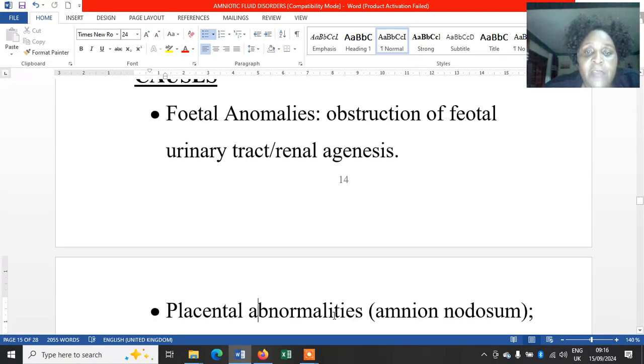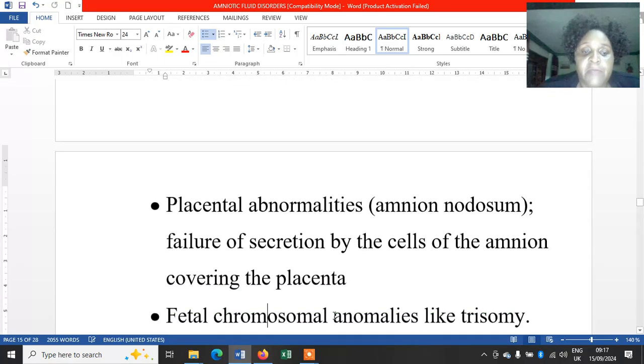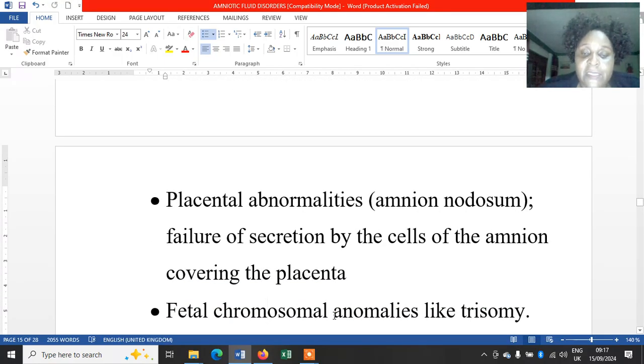Causes are fetal anomalies, like we've said even in polyhydramnios, that is obstruction of the urinary tract and renal agenesis. Like we said, the key component of amniotic fluid is fetal urine. Then placental abnormalities, that is, the placenta fails to secrete amniotic fluid.